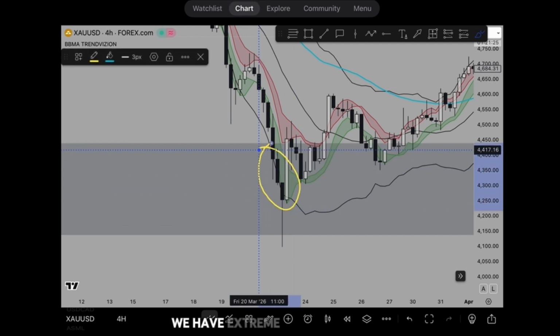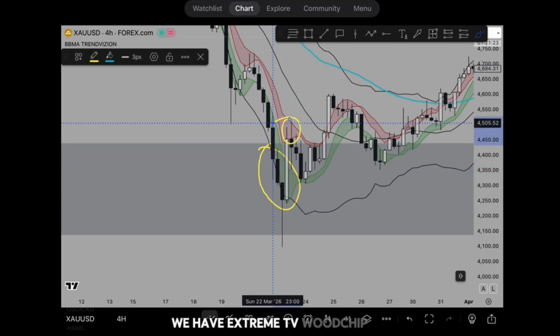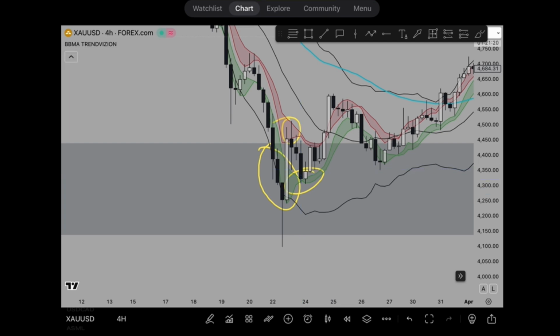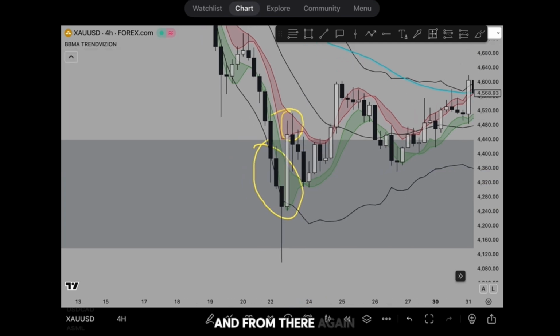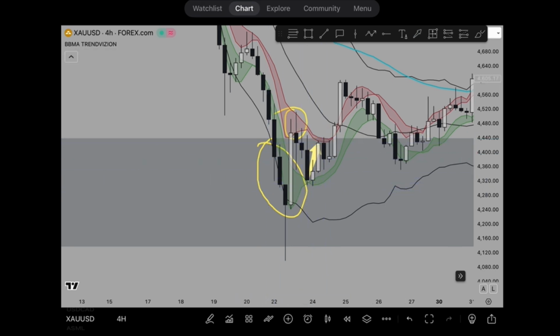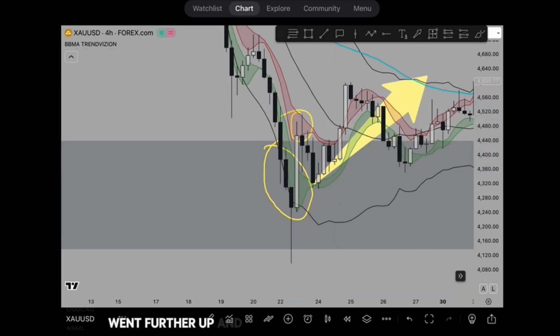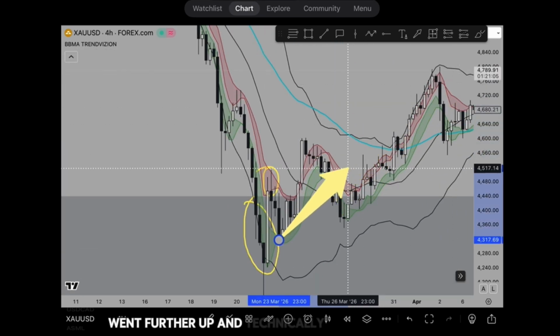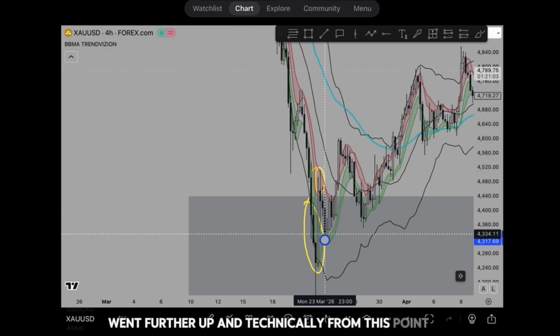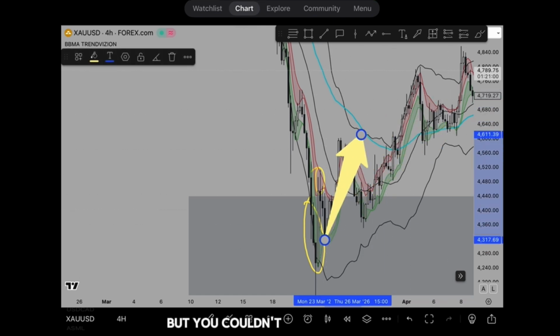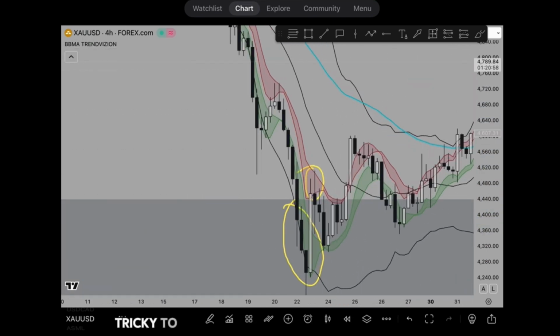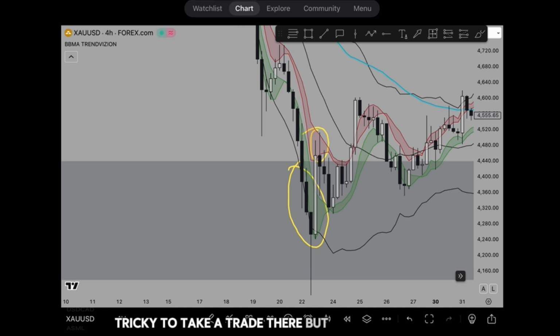We have extreme, TB wood chip, MHV. And from there again, same thing, didn't close below, went up, tiny bit of rejection, went further up, and technically from this point here it went up all the way, but you couldn't really know that, so it's tricky to take a trade there, but maybe it's possible.